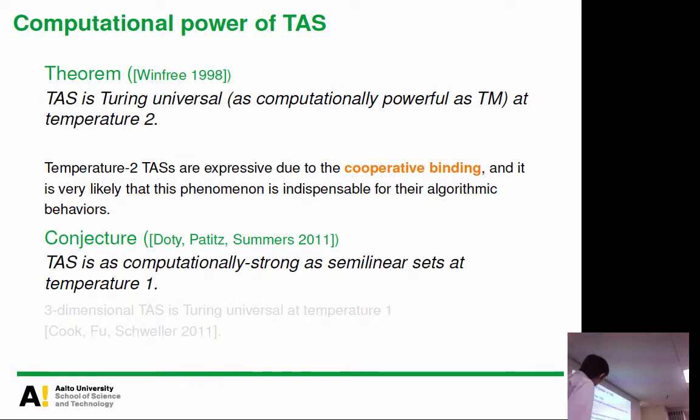This is a conjecture by Doty, Patitz, and Summers 2 years ago. They think that a tile assembly system at temperature 1 is as computationally strong as semilinear sets. A semilinear set is a set which can be computed by just counting.